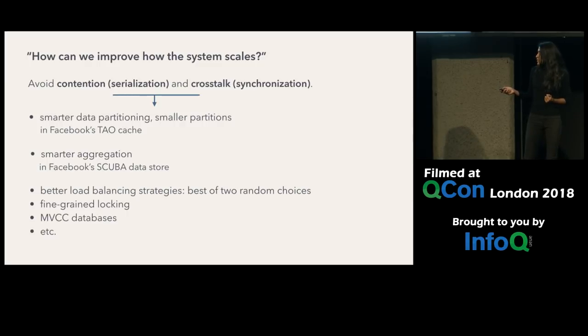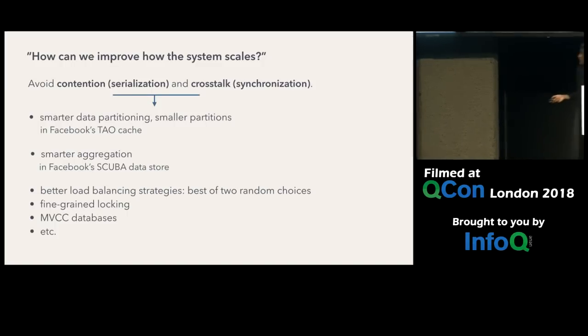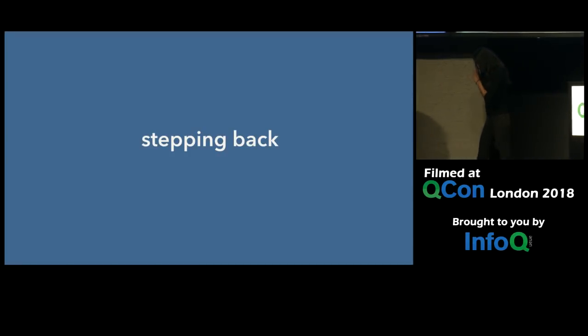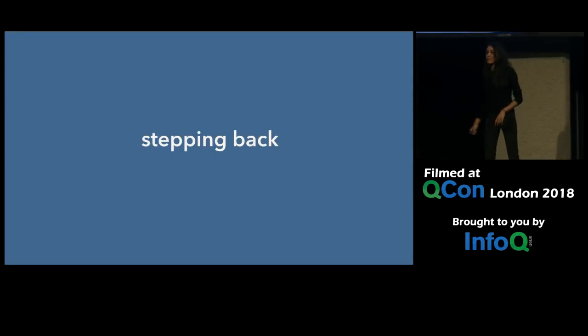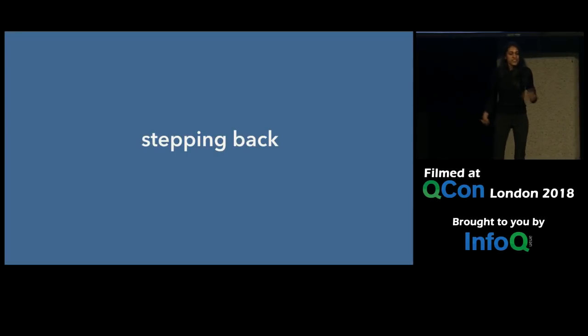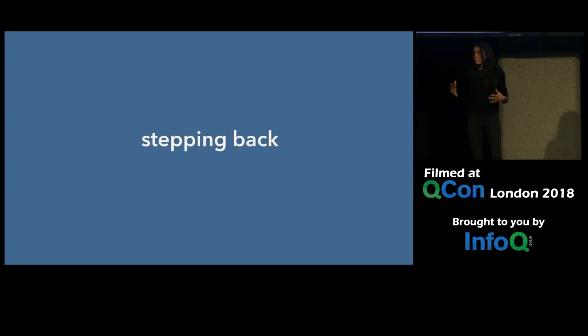All right. It is now time to take a step back and consider what we can take away for our systems, right? Today we looked at analyzing single server systems, open versus closed.